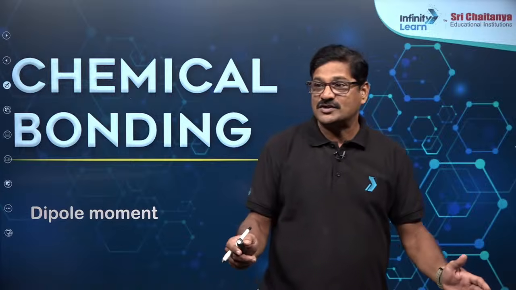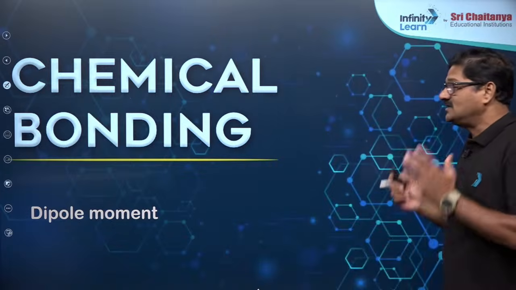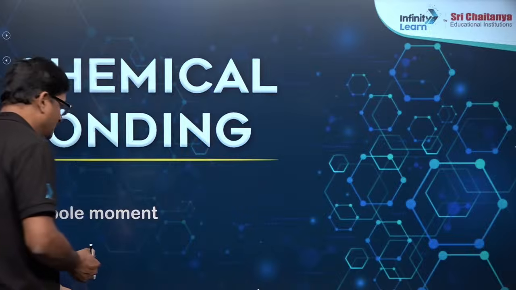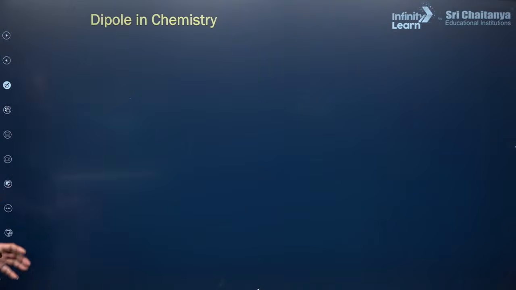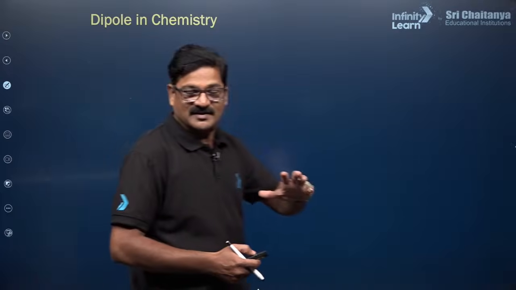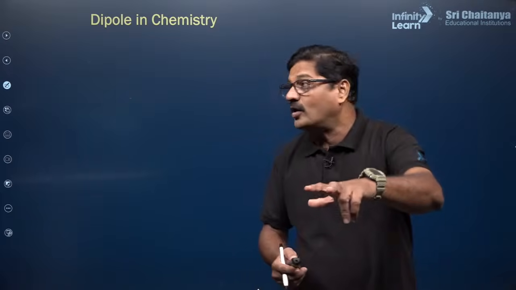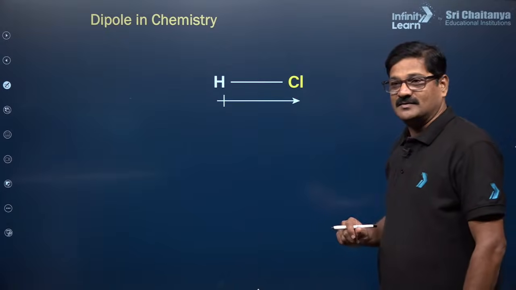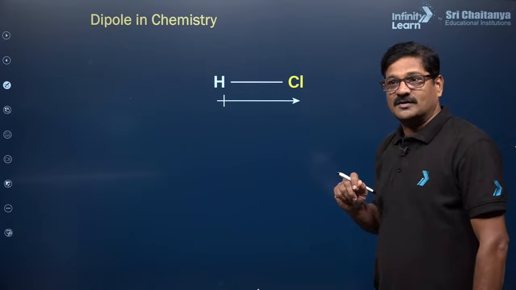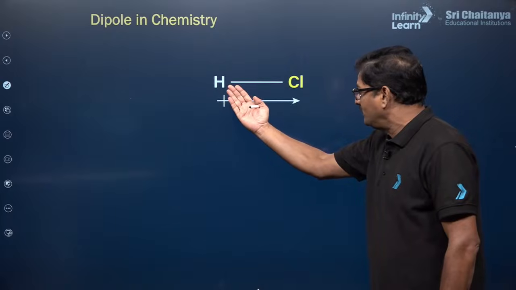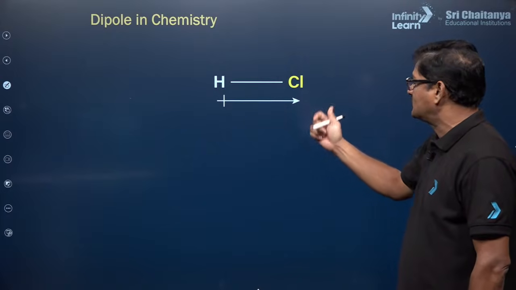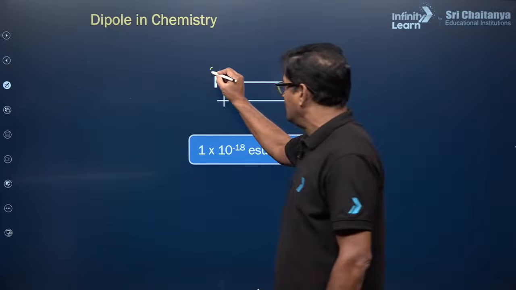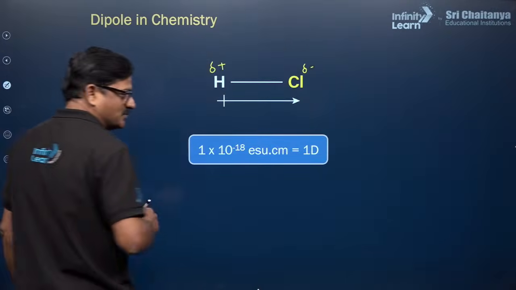So, my dear students, look at this. What is the meaning of dipole moment here? In chemistry, the polarity of a bond means, let us say, carbon, hydrogen and chlorine. Chlorine is more electronegative, so the shared pair of electrons is moved towards chlorine. Therefore, chlorine will get a partial negative charge and the other end will get a partial positive charge.